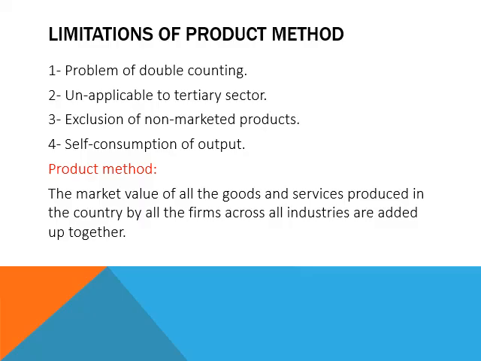The limitations of the product method are the problem of double counting, which is applicable to the tertiary sector, exclusion of non-marketed products, and self-consumption of output. These are the main limitations of the product method.